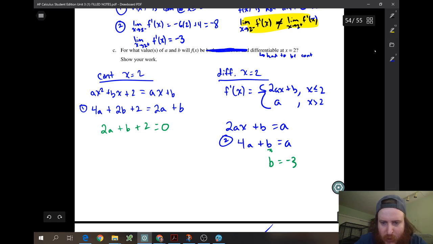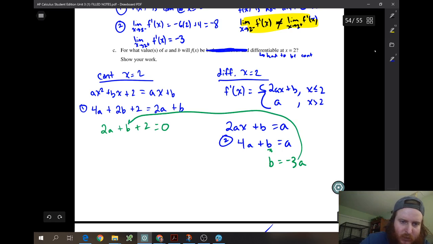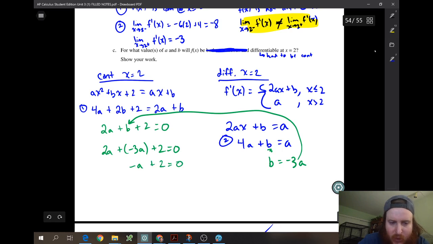Subtract 4a from both sides, we get b equals -3a. So we're going to take that guy, we're going to plug it in for b. Actually, let's do this to save us room. So this gives us 2a plus -3a plus 2 equals 0. That gives us -a plus 2 equals 0. Subtract 2 from both sides, -a equals -2, or a equals +2.